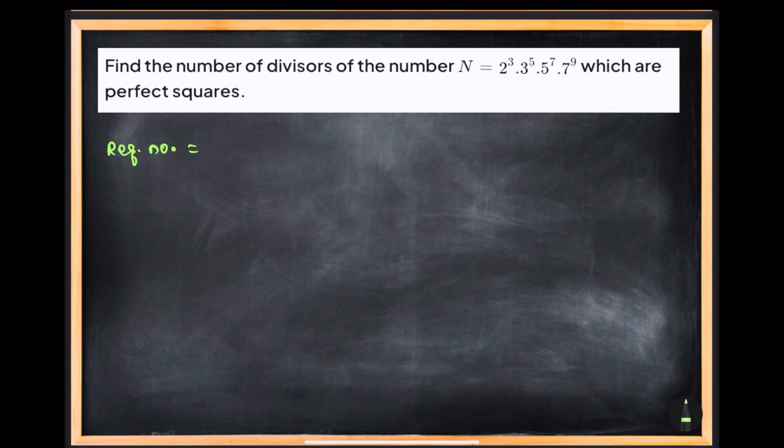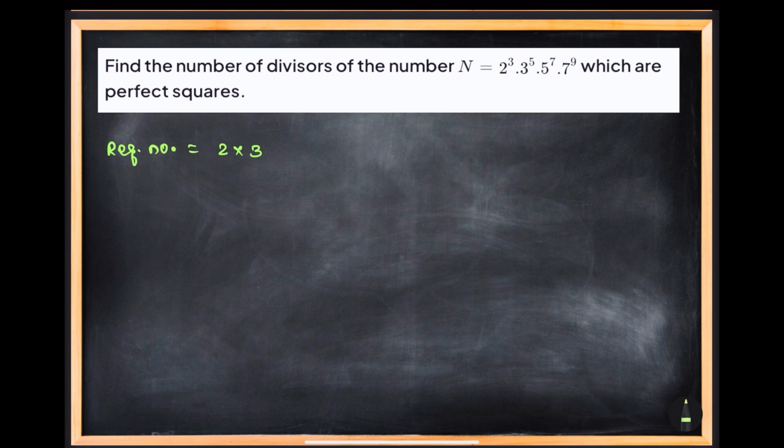Can 2 take power 0? Yes. 1? No. 2? Yes. 3? No. So for 2 you have two options. For 3 you can take 0, 2, 4, so it is 3 choices.